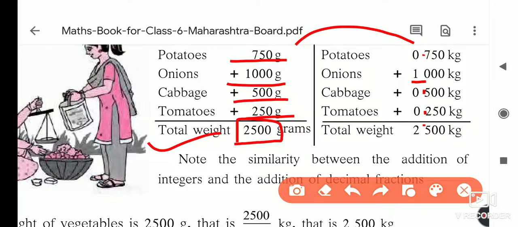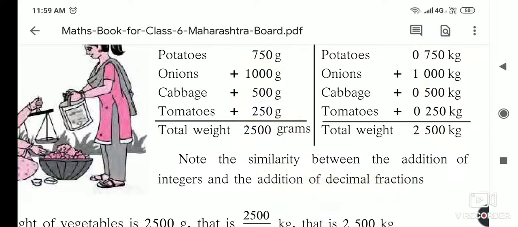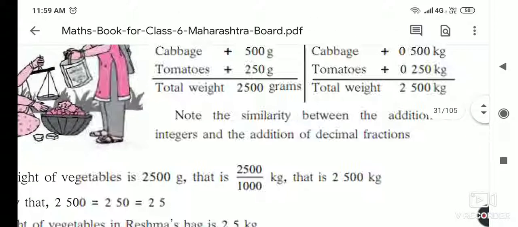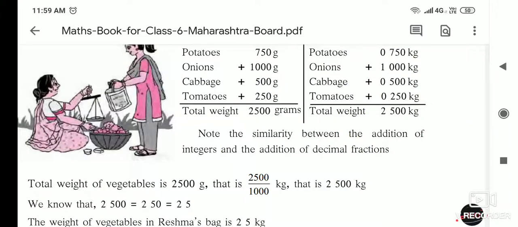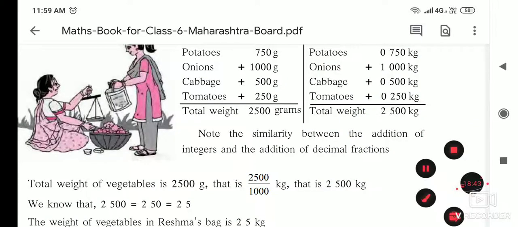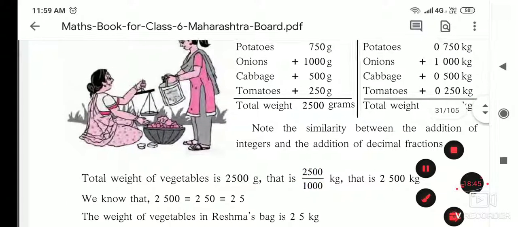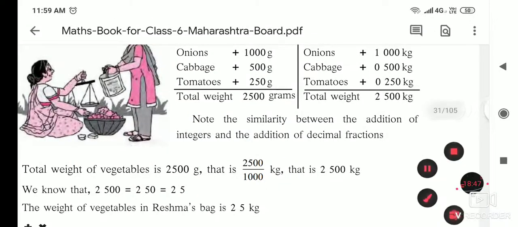So total weight is equal to 2.500 kg, otherwise 2500 grams. 2500 grams means only 2.500 kg. Okay, note the similarity between the addition of integers and addition of decimal fractions. So here it is the addition of integers and here it is addition of decimal fractions.